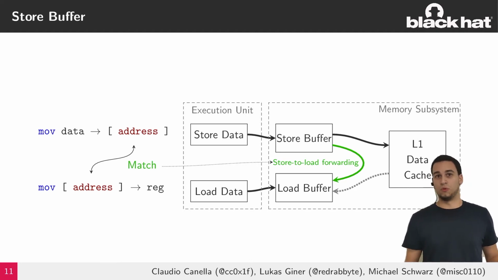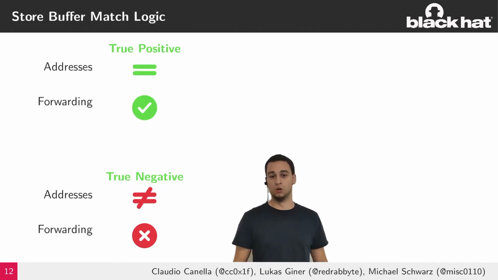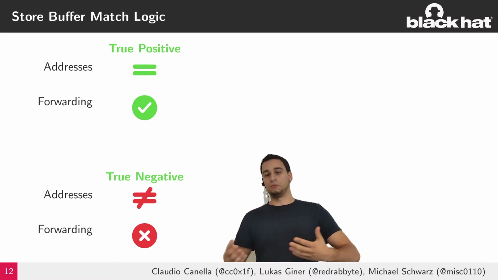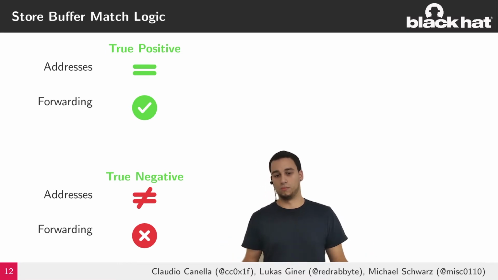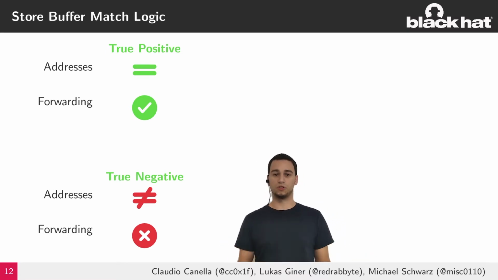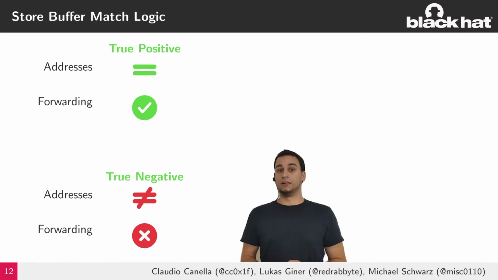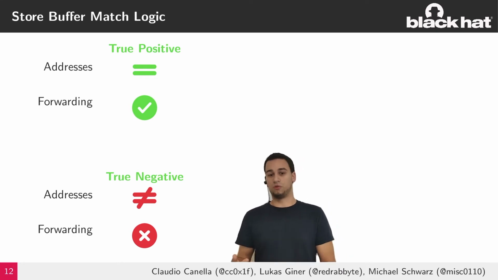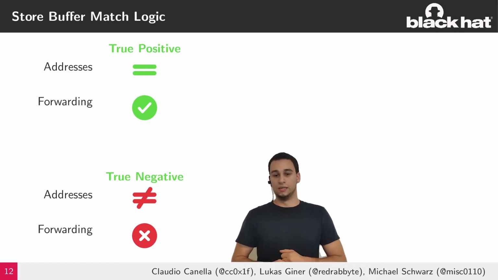Of course, we can optimize that further. So we don't have to check for a full match. We can optimize that even more. So we can do something like a normal comparison. And if it's true, we do the forwarding, and this can be okay. So it's a true positive. Everything happens as it should. We only forward the things that actually match.